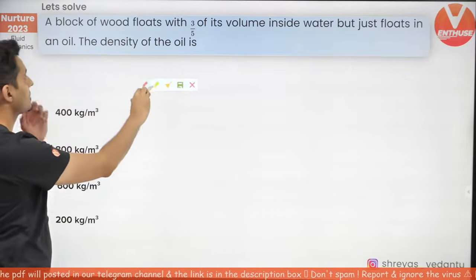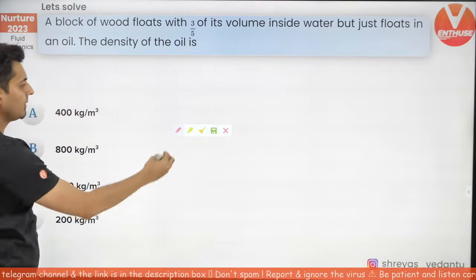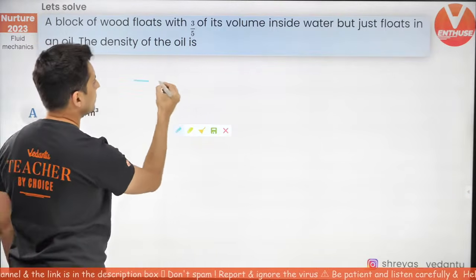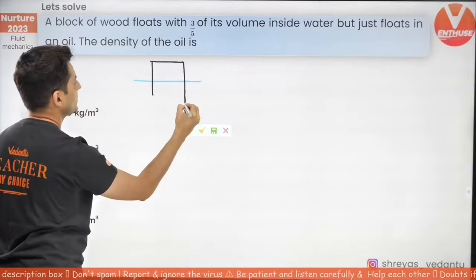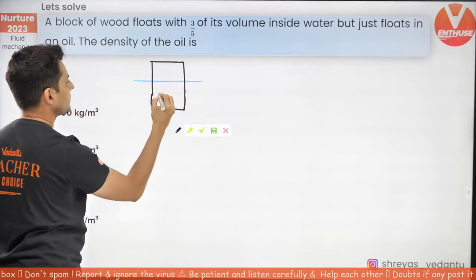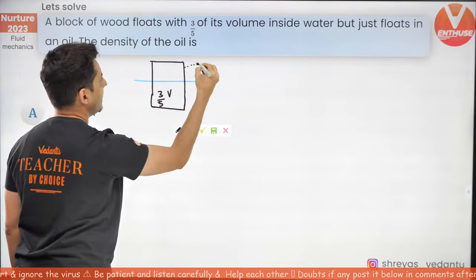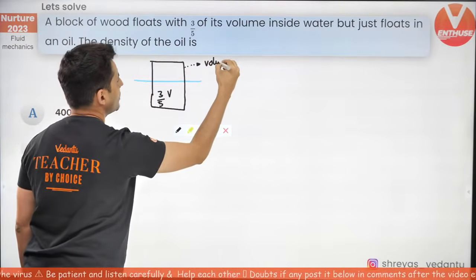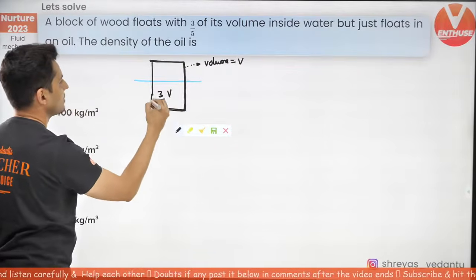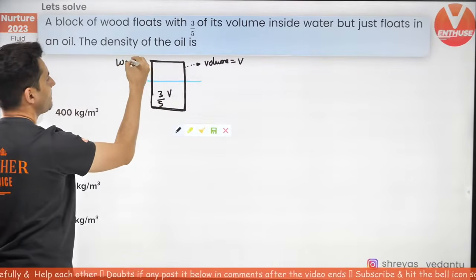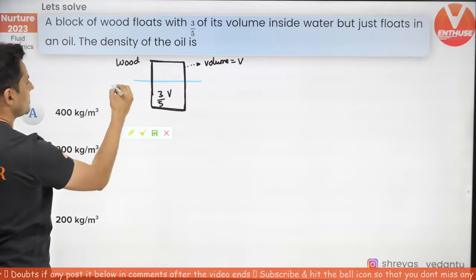Let's take both the scenarios. A wood floats with 3/5 of its volume inside water. Okay, so this is your water and this is your wood, and it floats with 3/5 of its volume. This entire thing has a total volume of V. This is the first situation.